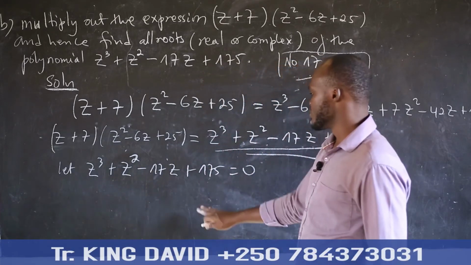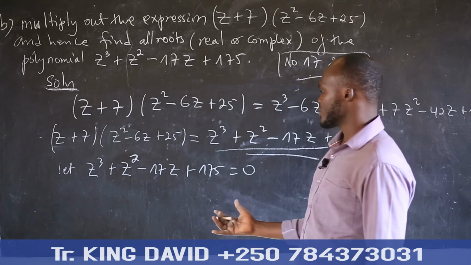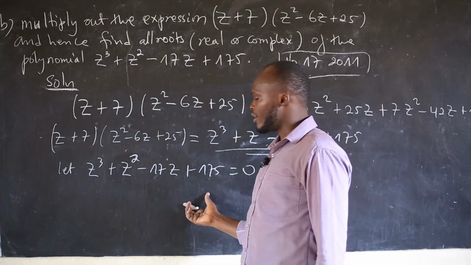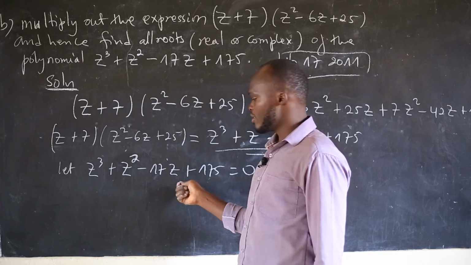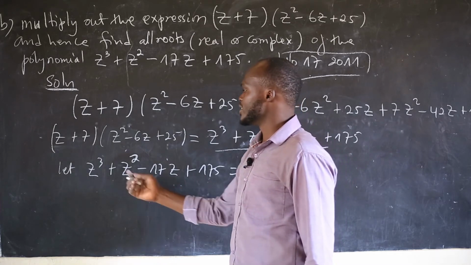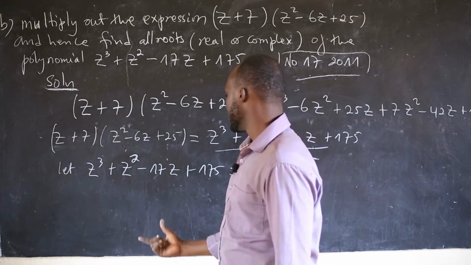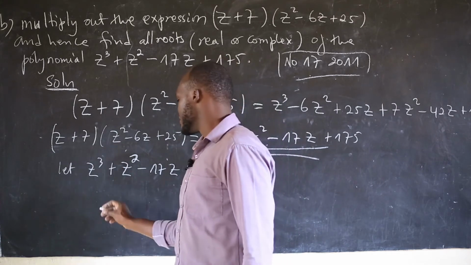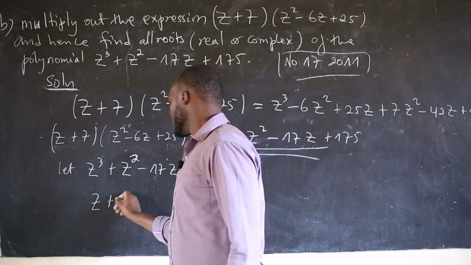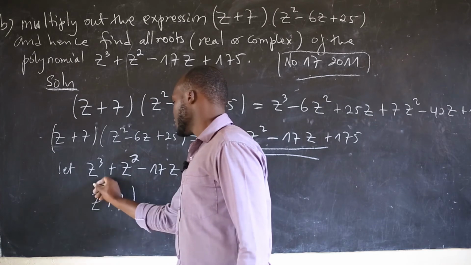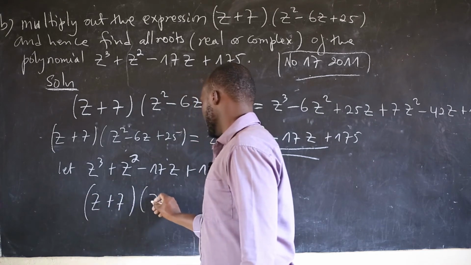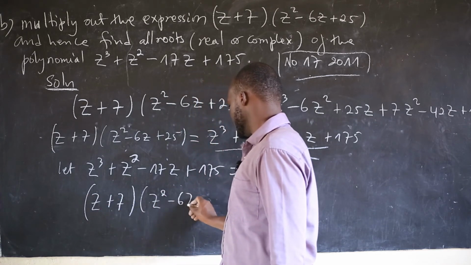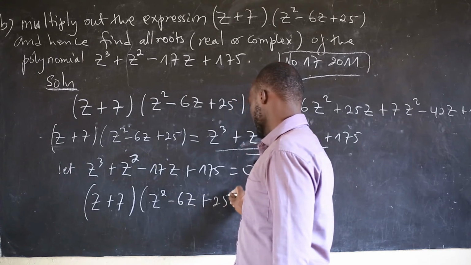So if this polynomial is equal to 0, we need to factorize this polynomial. No need of struggling factorizing it because it is already factorized here. So this polynomial is the same as that. So it will be z plus 7 into bracket z squared minus 6z plus 25 equal to 0.